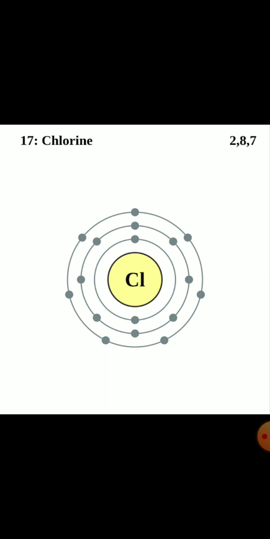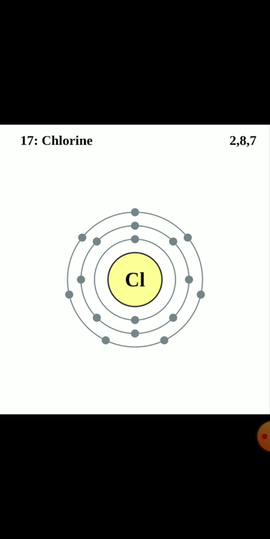Now, here you see there are 7 electrons in the outermost orbit. As we have discussed earlier, all the elements will try to attain octet configuration like a noble gas, which means they will try to attain 8 electrons in their outermost orbit. Here, for chlorine, there are 7 electrons in the outermost orbit, so is it easy to give away 7 electrons or to take 1 electron?